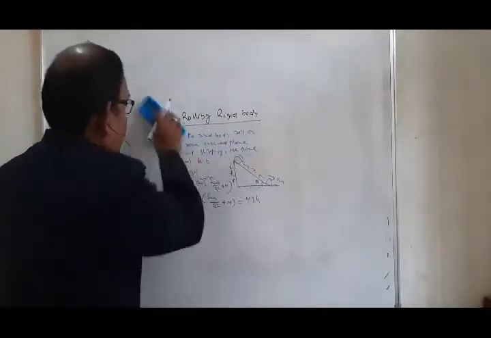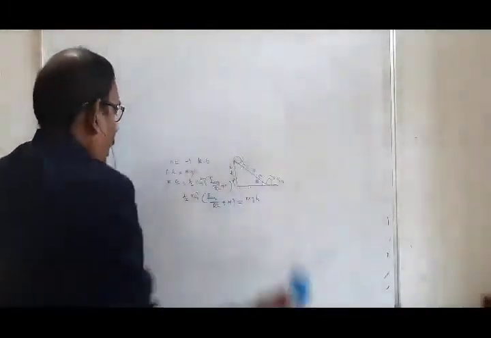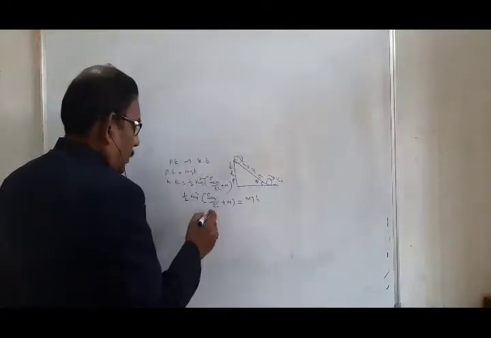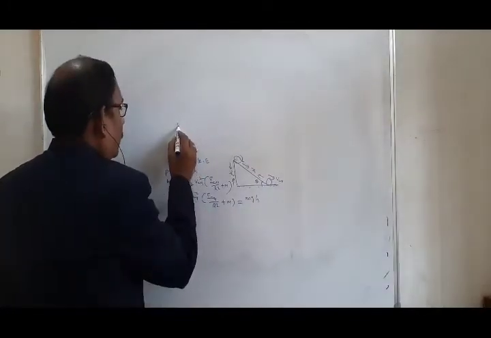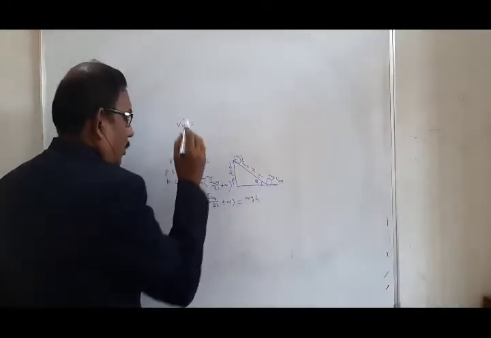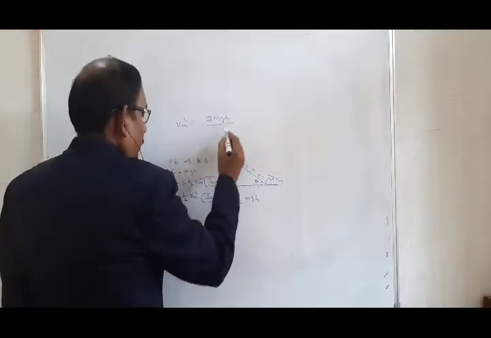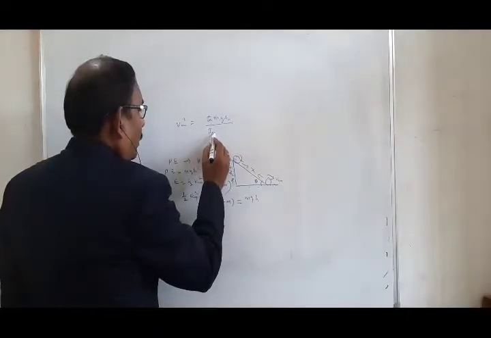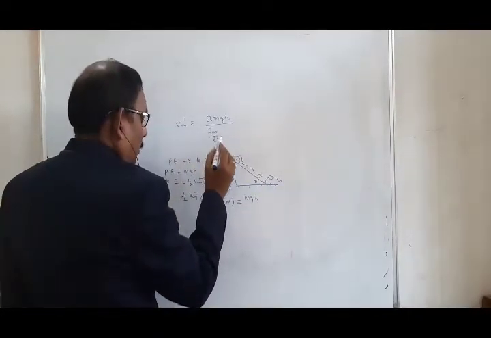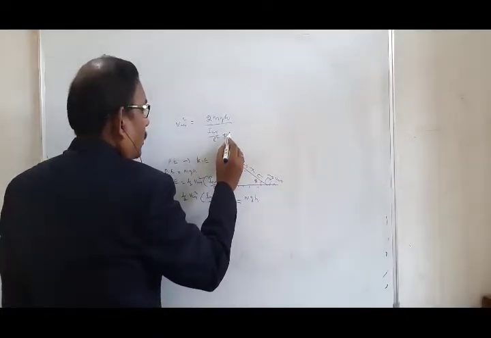Okay. Now, equating, V_CM square equals 2 m g h divided by I_CM by r square plus m.